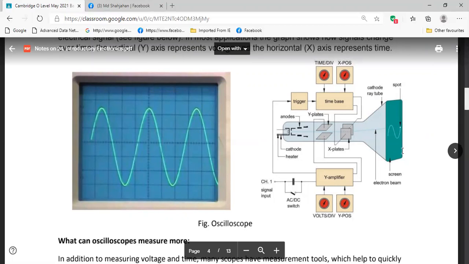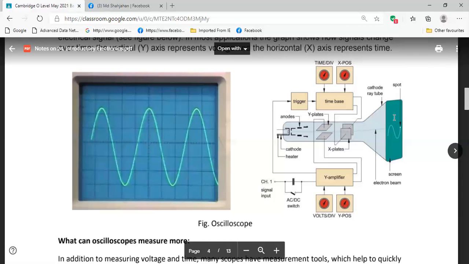Here we have the screen of the oscilloscope, and on this screen we have some materials which show a flash of light. Some chemicals are there, fluorescent chemicals. If electron beams fall on those chemicals, then we get a flash of light as the graph.